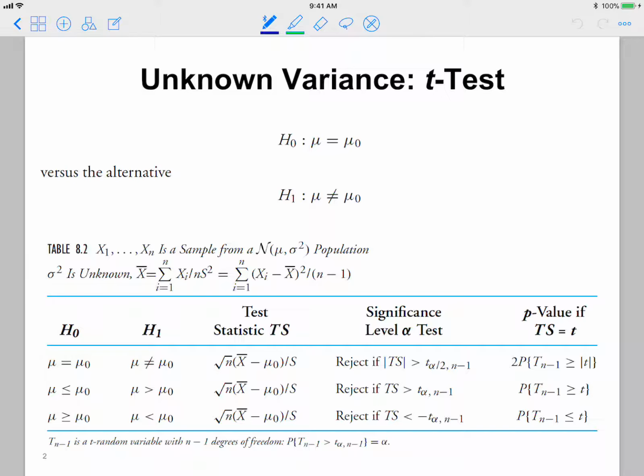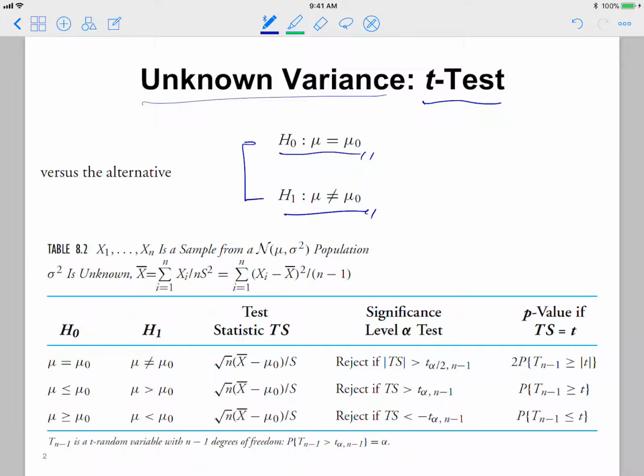But in this case, it's a natural flow that we saw in the interval estimate, transitioning from known variance to unknown variance, where we now have this t statistic. And so the two hypotheses are these two.